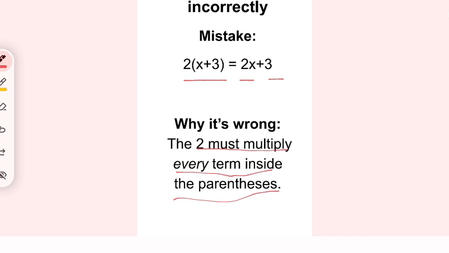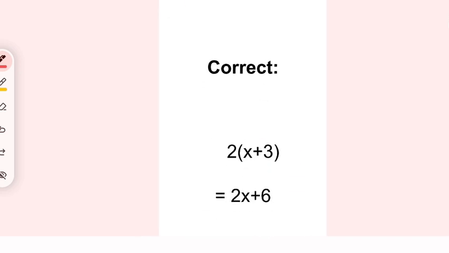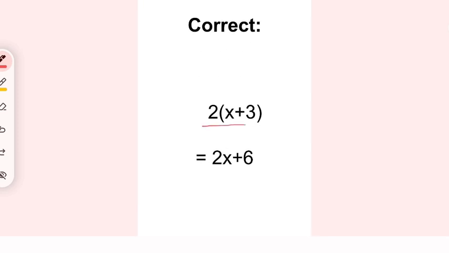So instead of multiplying only to x, 2 must be multiplied to every term in the parenthesis. Therefore, the correct answer for 2 times x plus 3 must be 2x plus 6. So this is the correct answer.